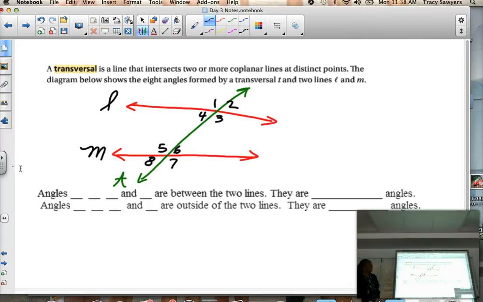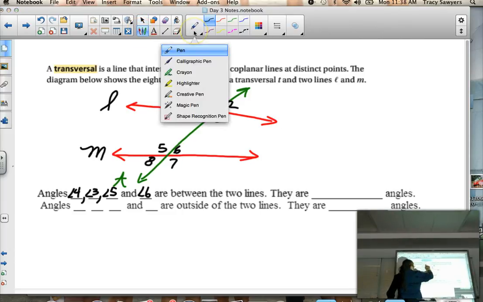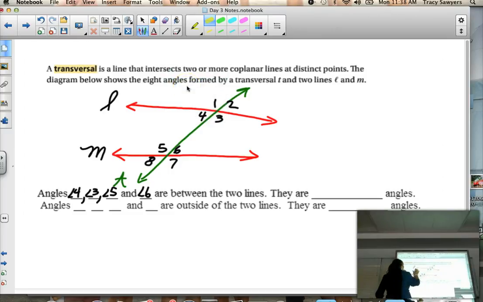Angle numbers 4, 3, 5, 6. Thank you. Angle 4, angle 3, angle 5, and angle 6. They're between the two lines. So those are my yellow angles.